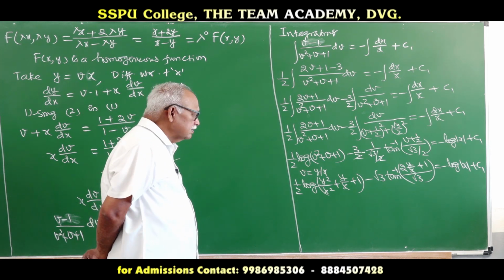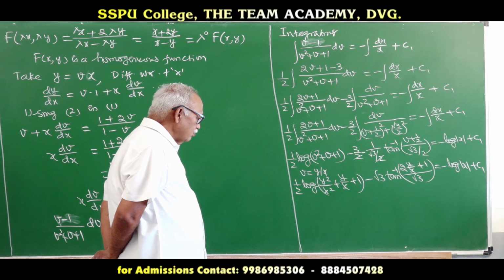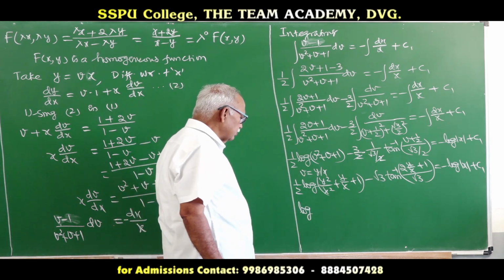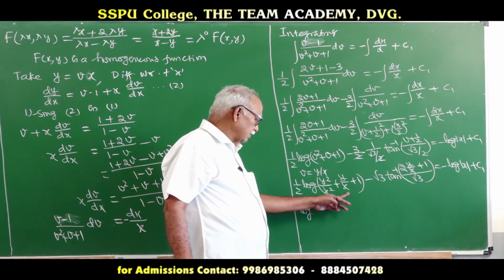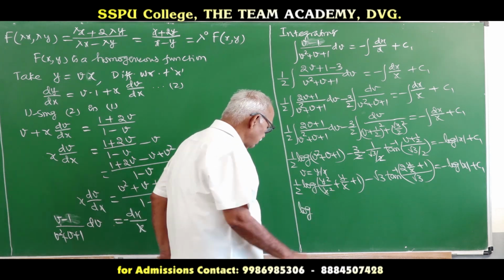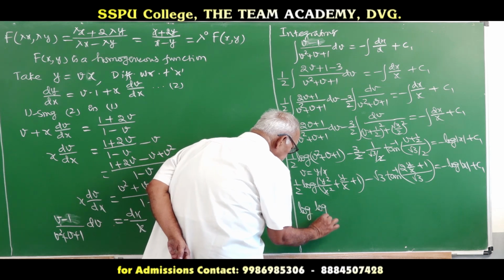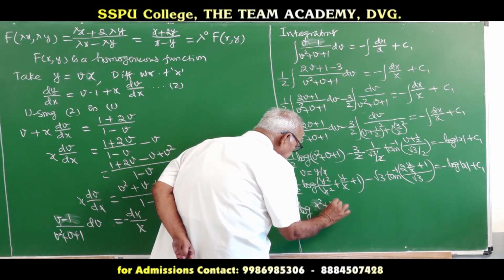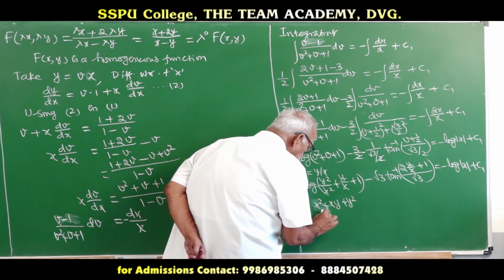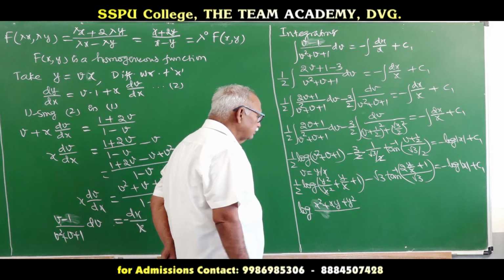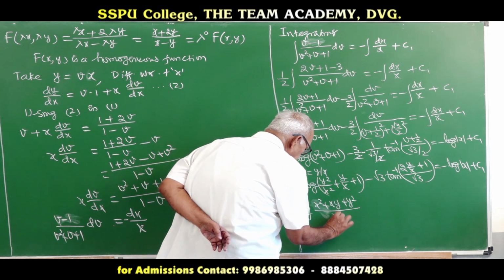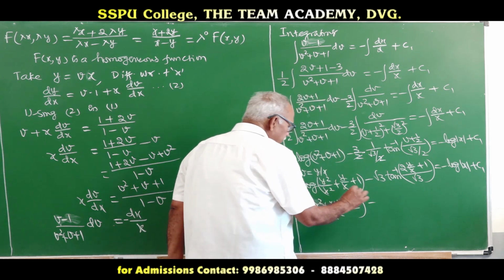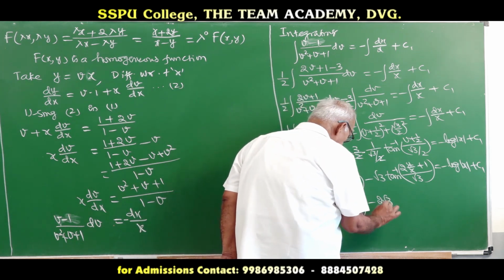Now, if we simplify this, it is almost over. That is, the differential equation is, so here x square is there, log of (x square plus xy plus y square) divided by x square minus, we can multiply this by 2.